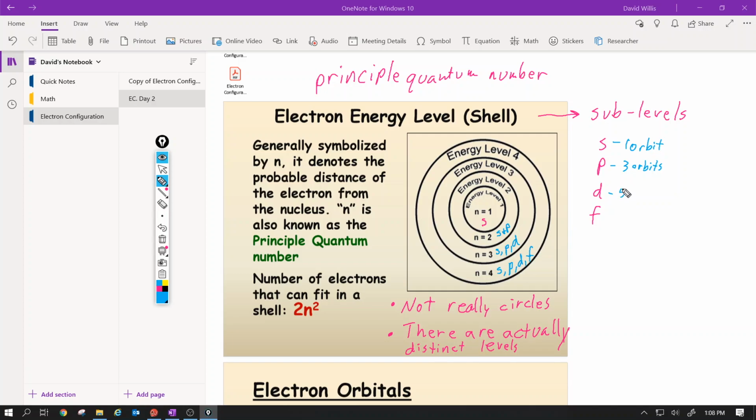The D has 5 orbitals, or 5 lobes, each holding 2, so up to 10 electrons. And then our F has 7, holding an additional 14. That's the basics of where we were yesterday.